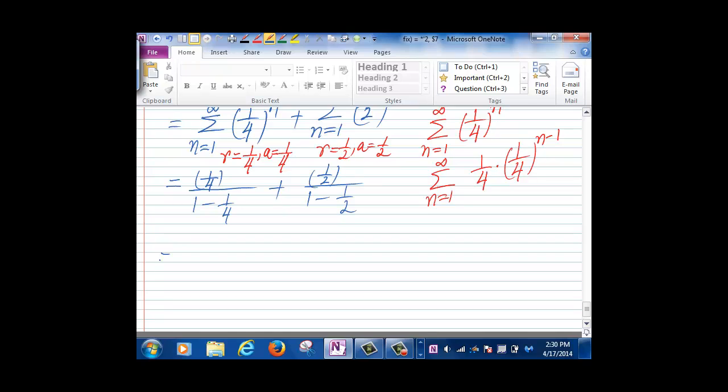And what's that equal to? In the denominator I have 3/4, so that's 1/3. Here I have a half over a half, and that's equal to 1. So 1/3 plus 1, and this is equal to 4/3.